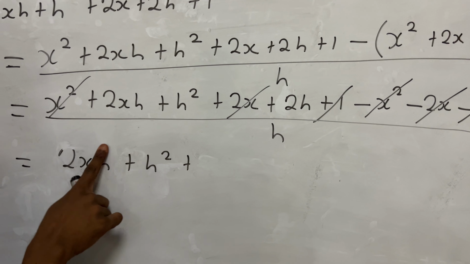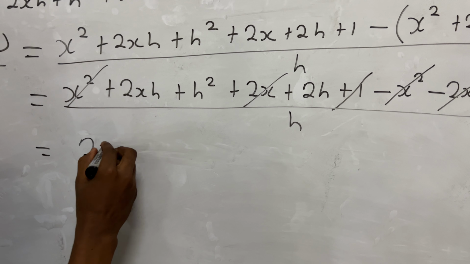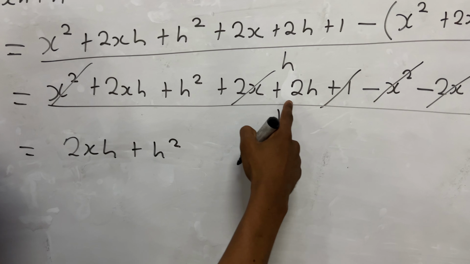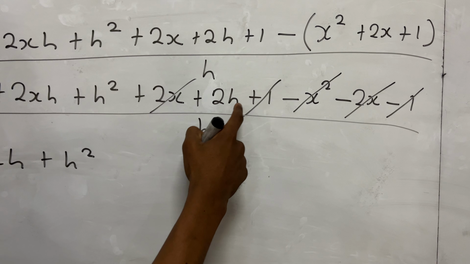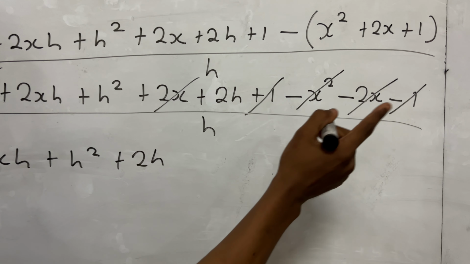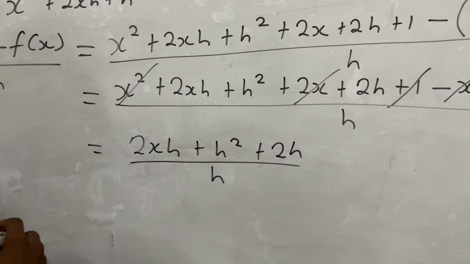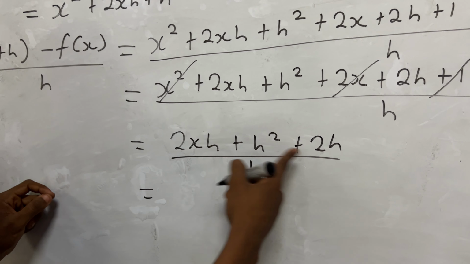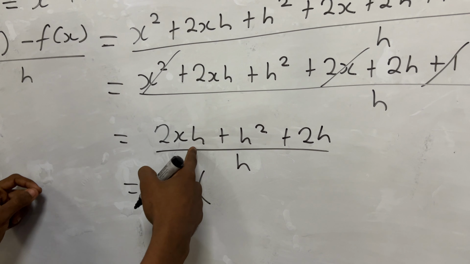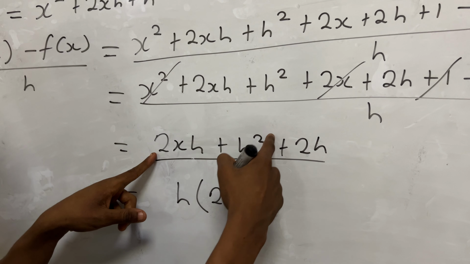So I'll just write this way. I have 2xh plus h squared plus 2h. Everything has been cancelled here. All over my h. By factorization, what is common here is h. So I'll factor h out. H will cancel h. I'll be left with 2x plus h, which will cancel one of the h here.